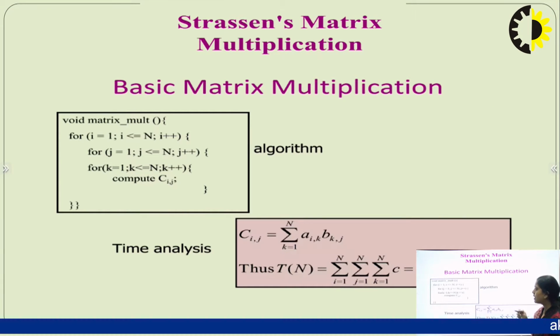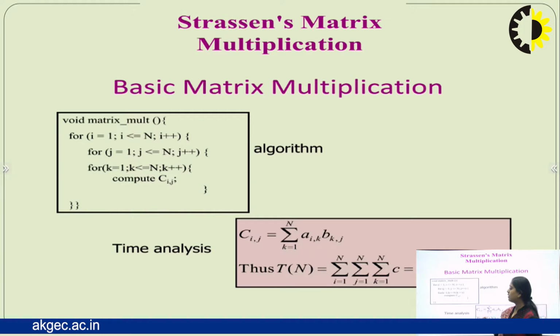What is the main concept behind this? This is the code of the algorithm. Here we are using 3 nested loops, and then we compute Cij, which is nothing but the multiplication of the two target matrices.